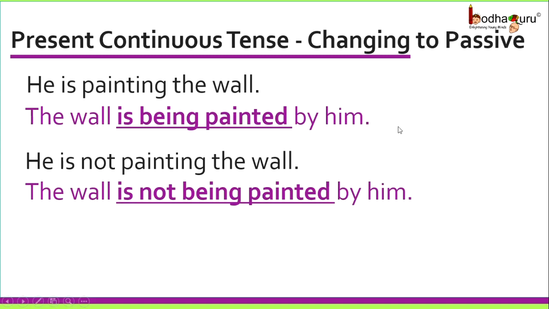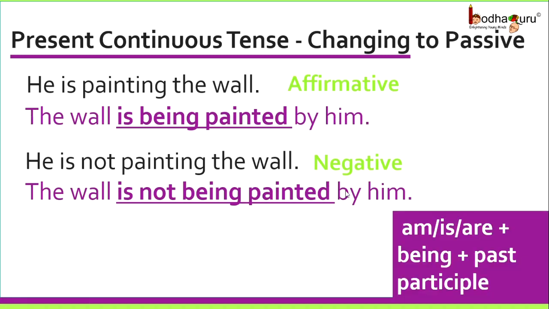So now you know how to change the affirmative sentence to passive, and also how to change a negative sentence to passive when it is in present continuous tense. And in both the cases you will see the sentence should have the auxiliary verb am, is, are plus being plus past participle of the verb form.